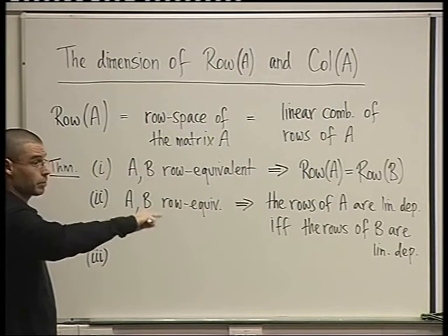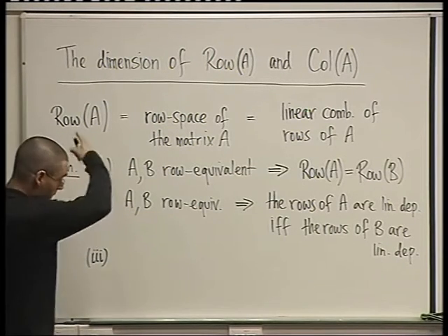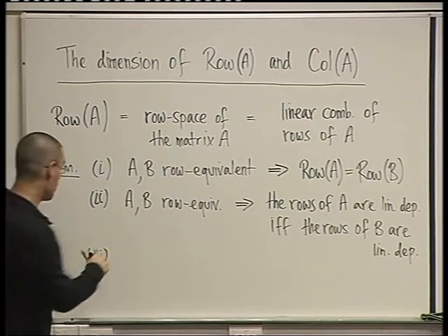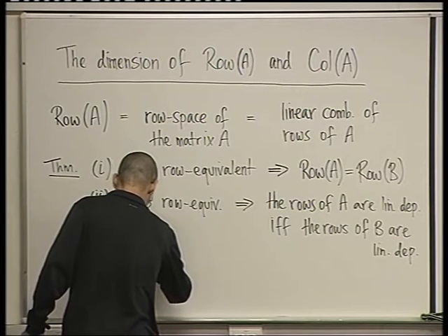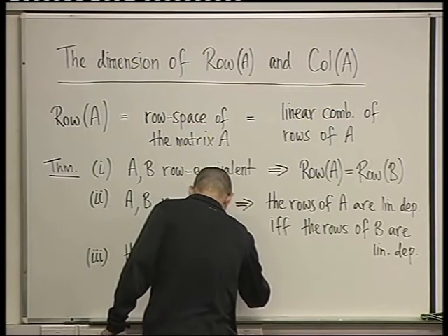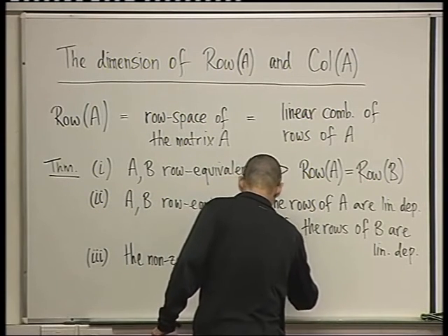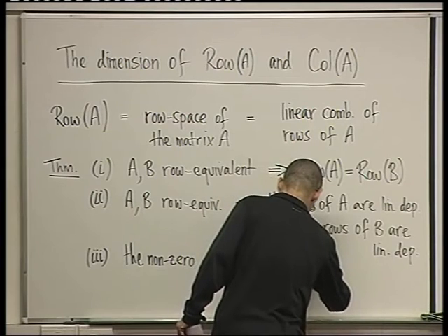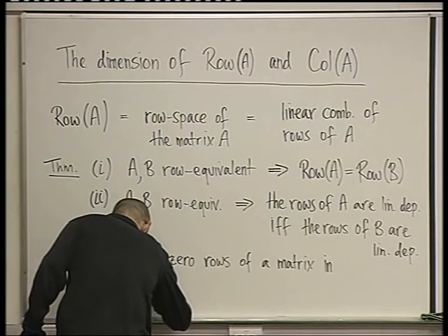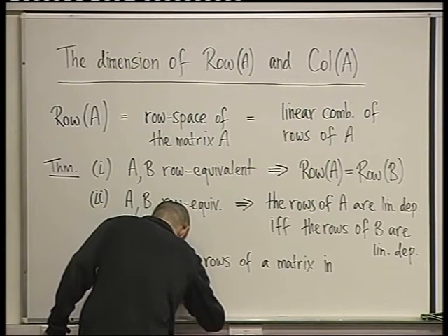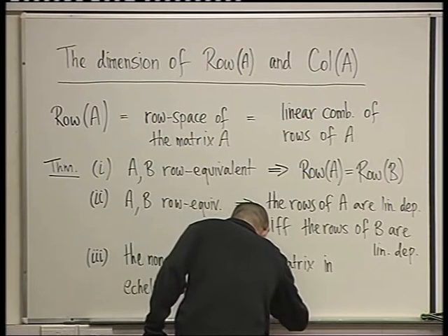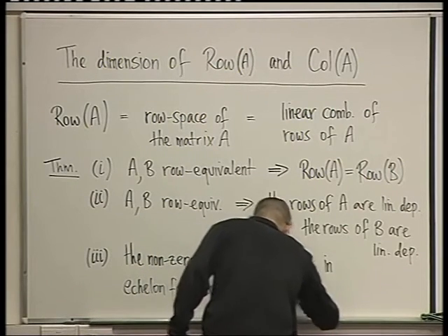The non-zero rows of a matrix in echelon form are linearly independent.